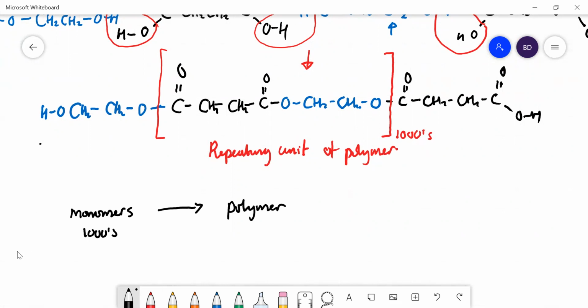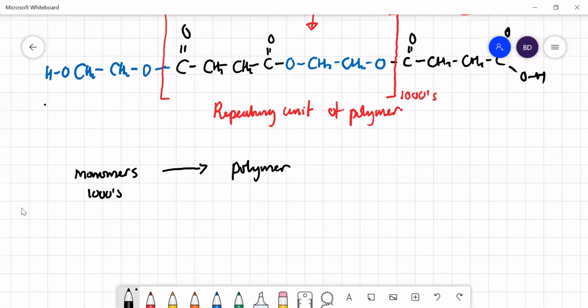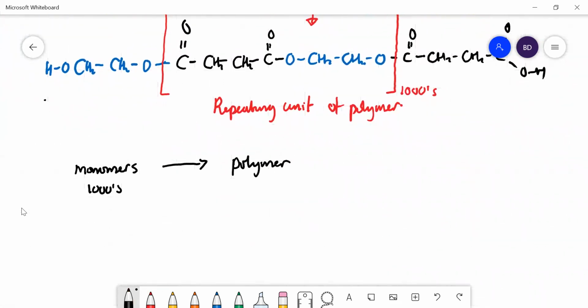In the case of polyesters, the monomers are the dicarboxylic acid, because it's got a carboxylic acid functional group at each end of the molecule, and the diols. They are basically alcohols with two OH groups on the ends of it.